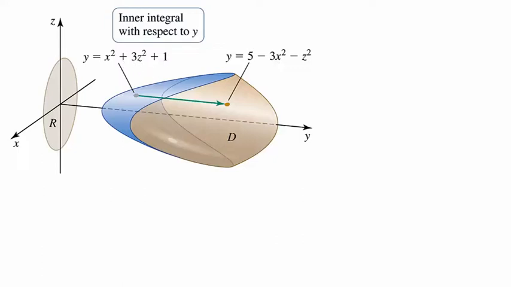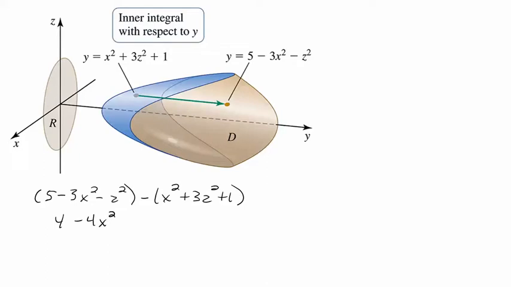So let's go ahead and take a look at that. If we do 5 minus 3x squared minus z squared, subtract x squared plus 3z squared plus 1, we are going to get, let's see, 5 minus 1 is 4. Then we'll get negative 4x squared.